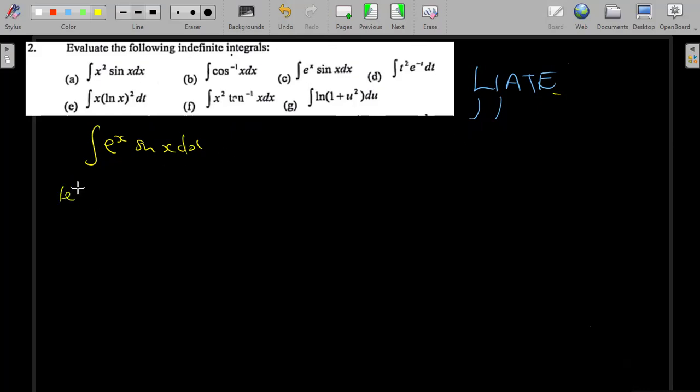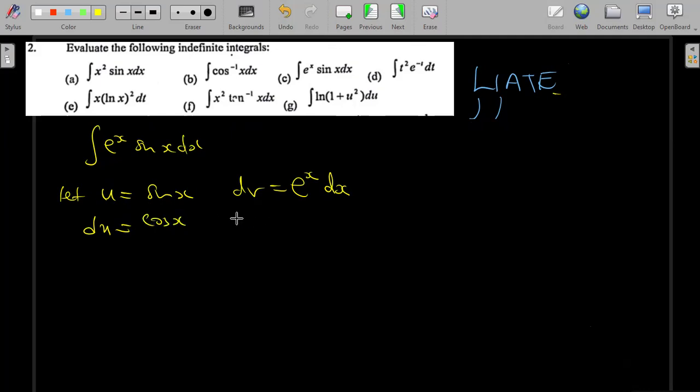So I am going to let my u be equal to the trigonometric function, which is just sine x in this case. Then the rest, which is dv, is just going to be equal to e to the x dx.